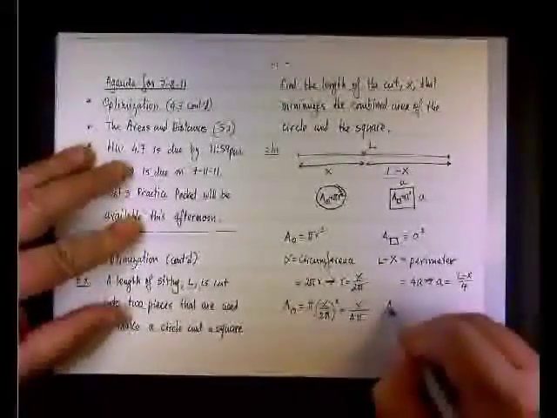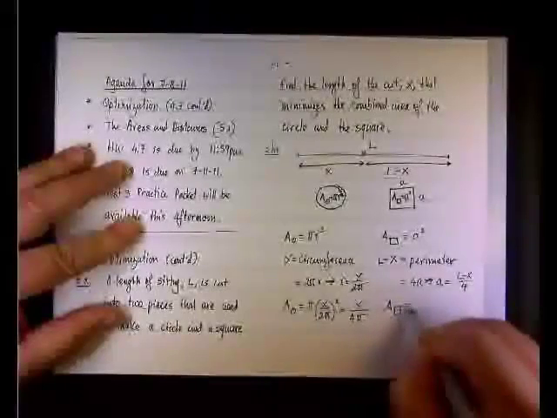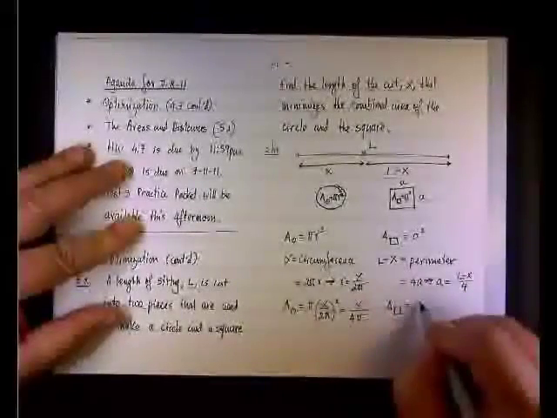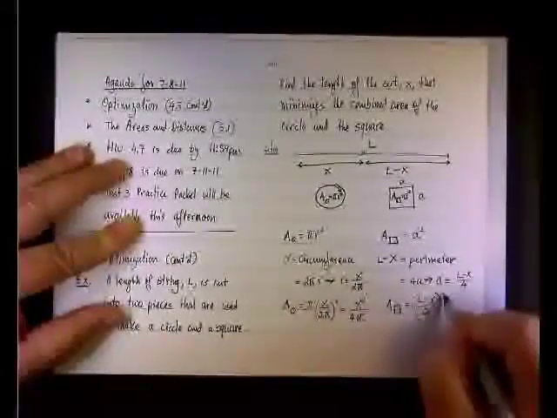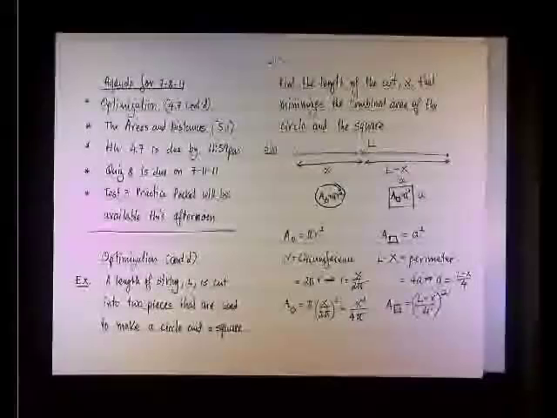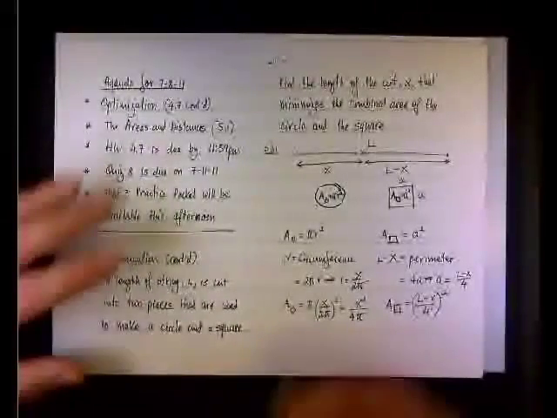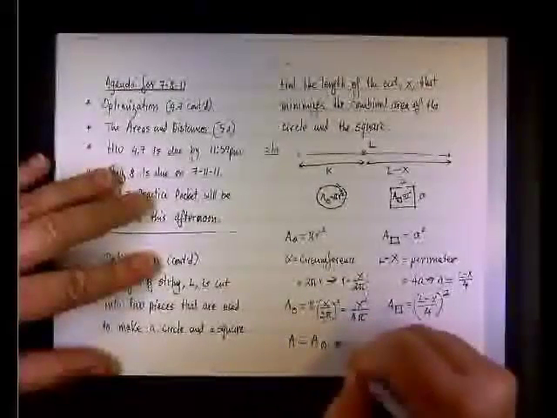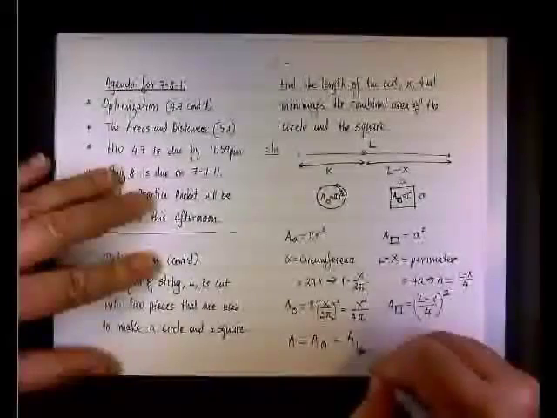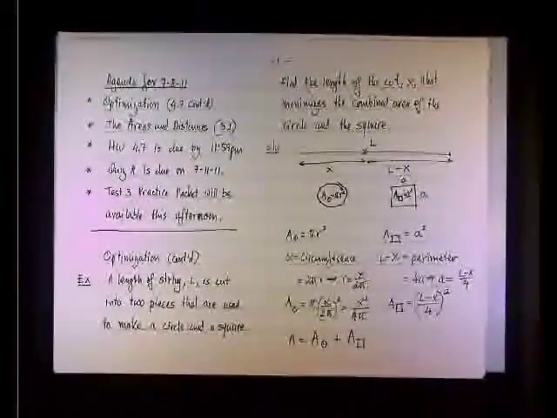And therefore, the area of the square is a squared, so L minus x over 4 squared. Okay? And we can either clear the parentheses or leave it as it is. And the target function, A, is the combined area. A circle plus A square, like so. This is the target function.